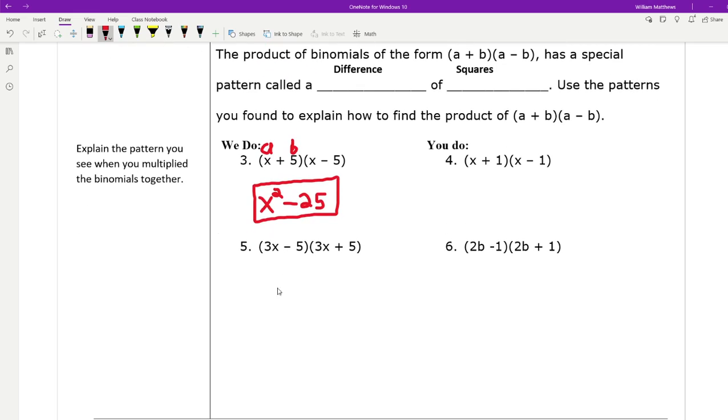Now it could be a little bit more complex. You may need to add to that. I need to realize that for number 5, that my a is going to be 3x. And my b, in this case, is 5.